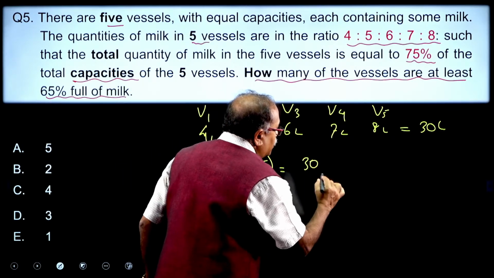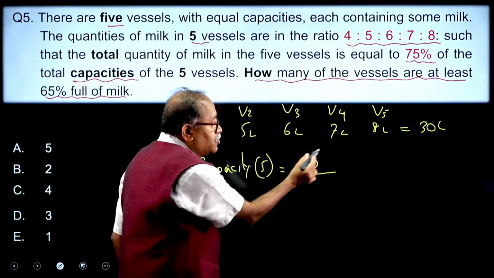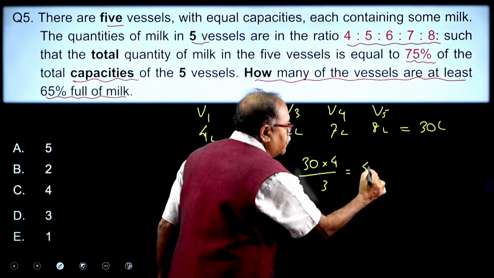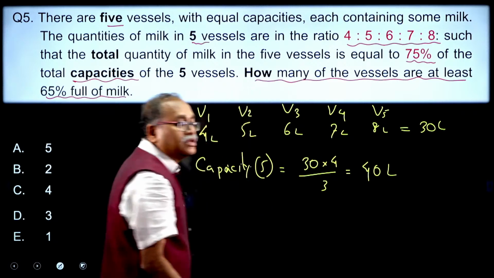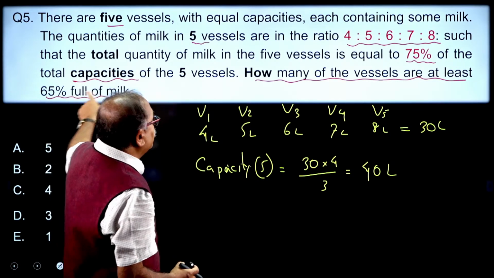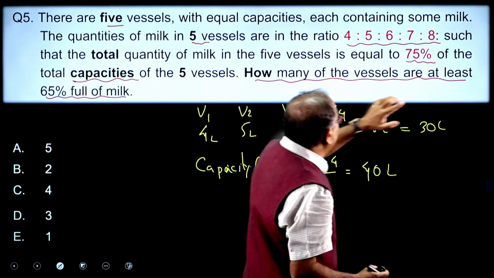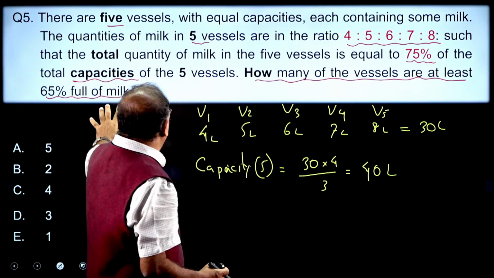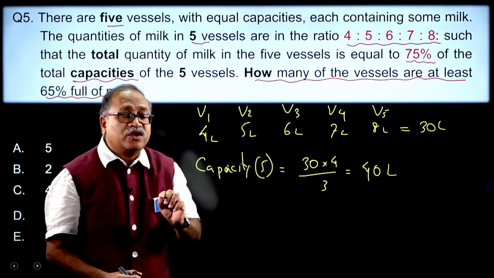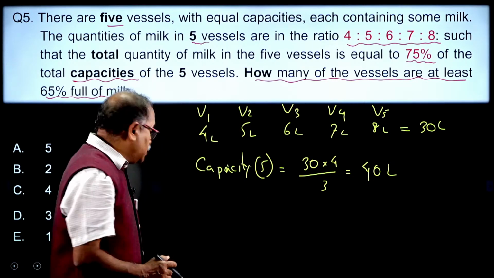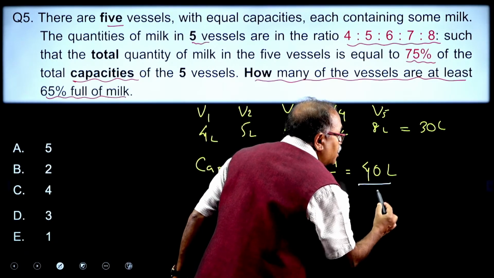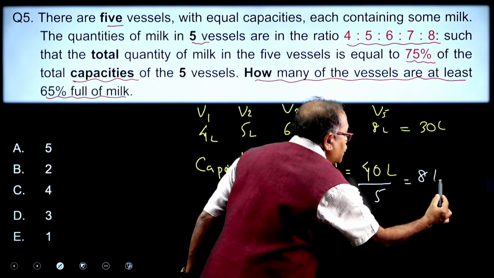So, that is 30 into 100 by 75, that is nothing but 4 by 3, and 40 liters is the total capacity. It is said that how many vessels are there which have at least 65% full. So, this 40 liters is for 5 vessels. For 1 vessel it will be how much? This will be 8 liters.